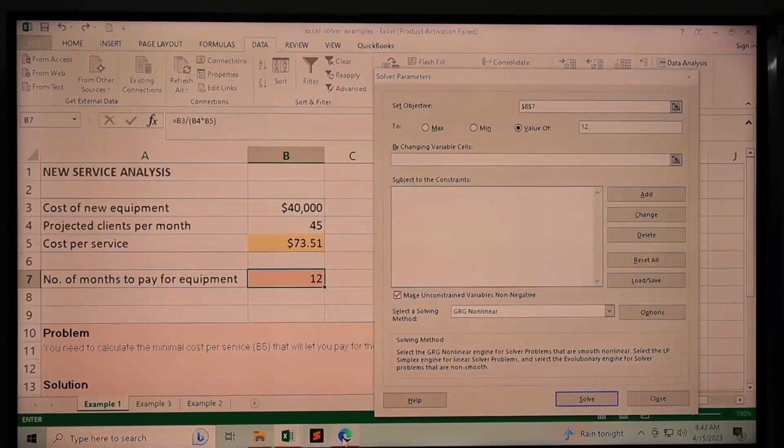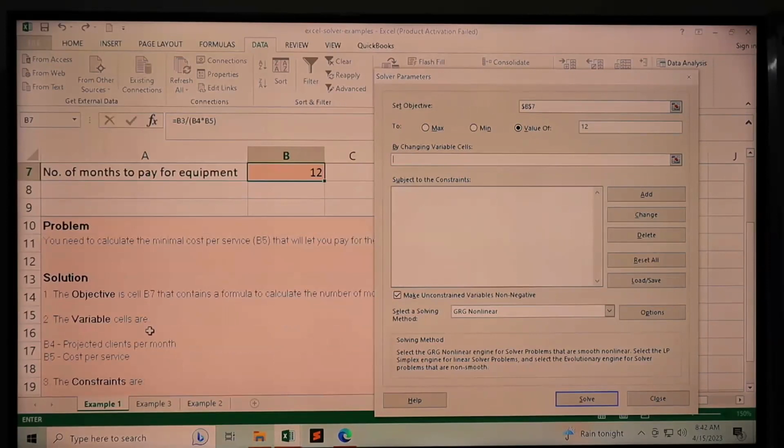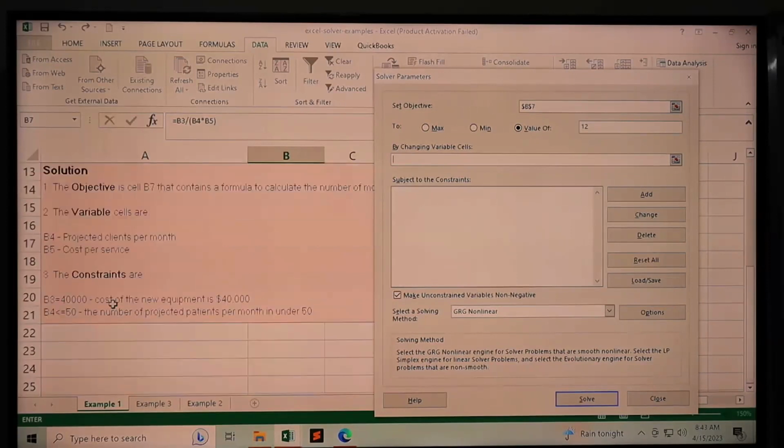But if you read our question, under the solution, we are told that the variable cells we are going to change are two. That is projected clients per month, and the other one you change is the cost per service. Those are the two variable cells that you're going to change in our formula. So you have to present the two variable cells, and we can do it in two ways.